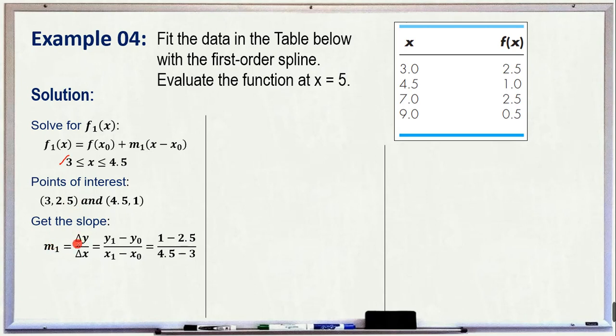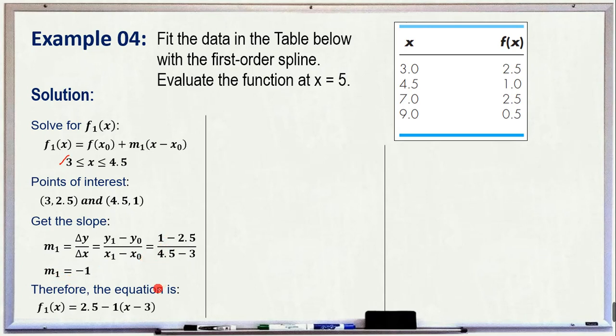So m1 equals the change in y over change in x. The change in y, that is from point 1 to point naught, all over x1 minus x naught. Then we input the values: 1 minus 2.5 all over 4.5 minus 3. And if you input this in your calculator, you'll arrive at a slope equal to negative 1.